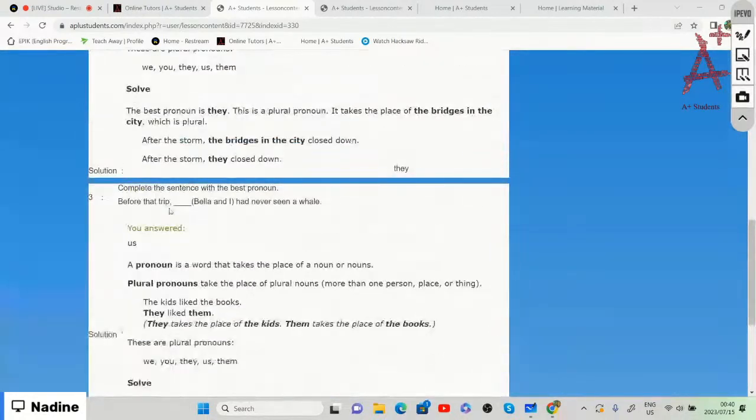Before that trip, Bella and I had never seen a whale. So before that trip, Bella and I had never seen a whale. We need to choose the correct plural pronoun: we, you, they, us, or them.